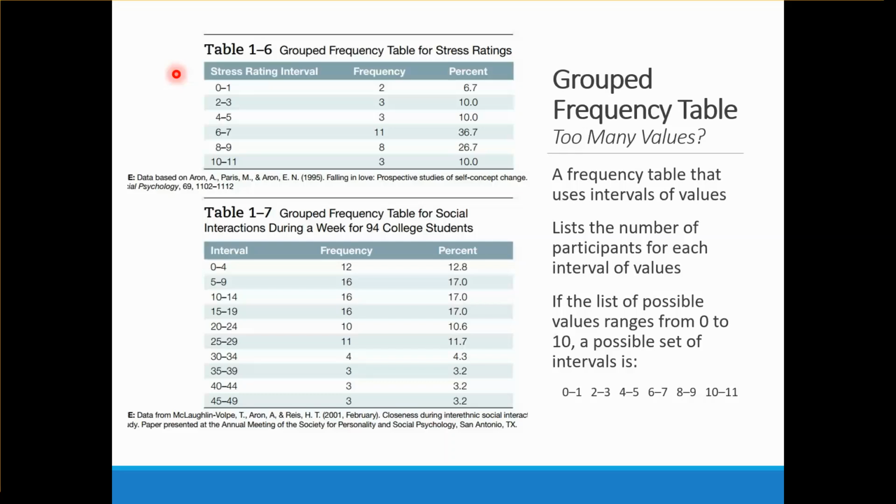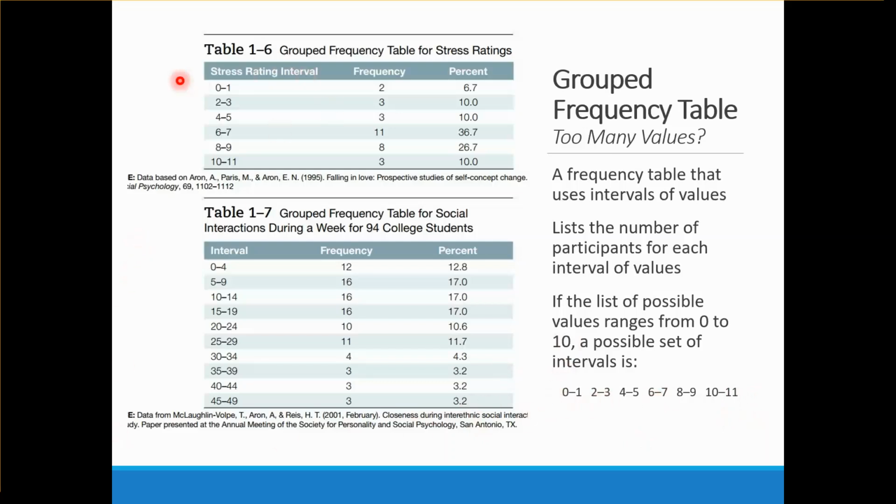So you list the number of participants of each interval of values. If the list of possible values ranges from 0 to 10, a possible set of intervals might be 0 to 1, 2 to 3, 3 to 4. You don't want them to overlap. 6 to 7, 8 to 9, 10 to 11, for example. 11 obviously would be 0 because it goes from 0 to 10, but at least you could have something like that. So here's an example.